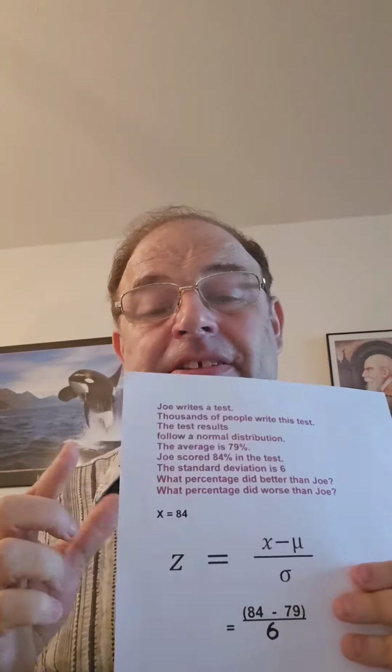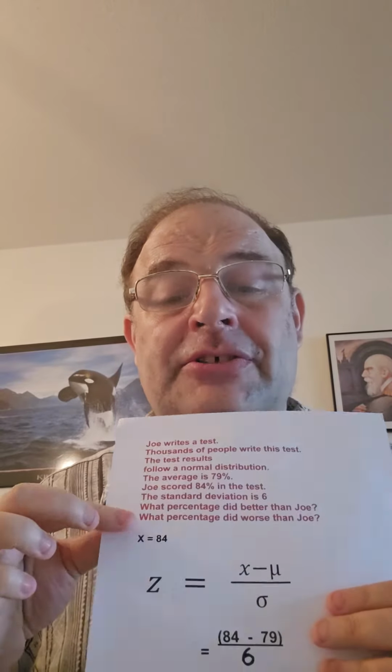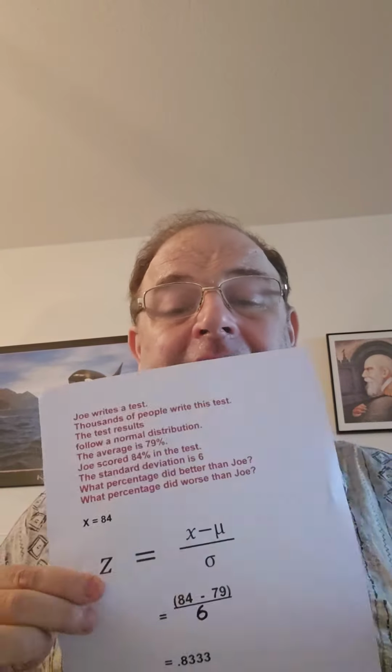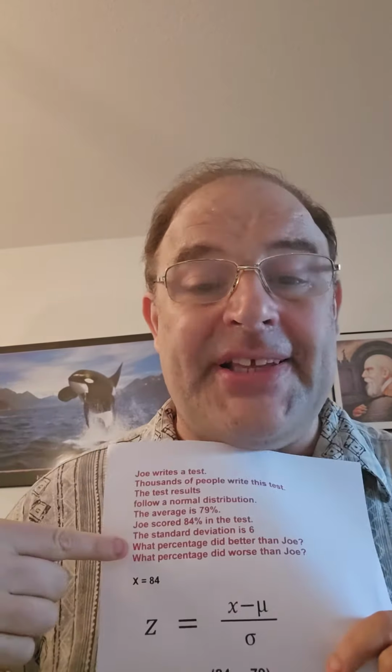Okay, and so X is Joe's score, Z is the corresponding score for that chart. And just like there's a way to convert from centimeters to meters, this is a way to convert from X, Joe's score, to Z for that chart, because we don't have the chart for this test.